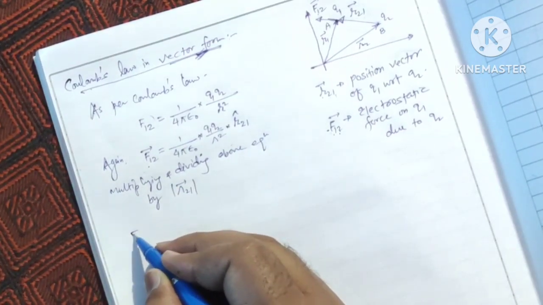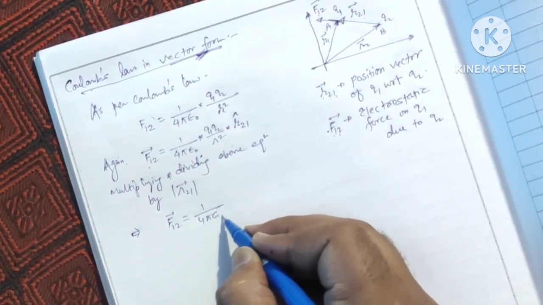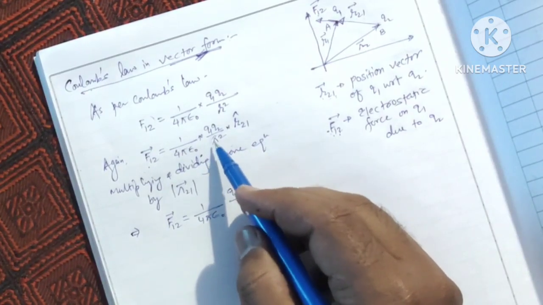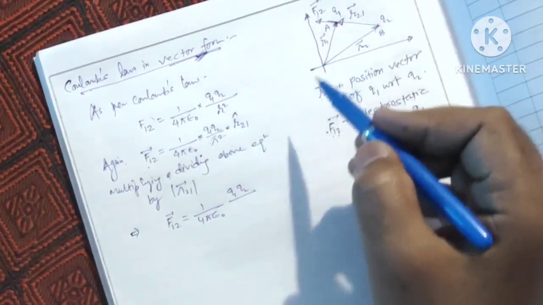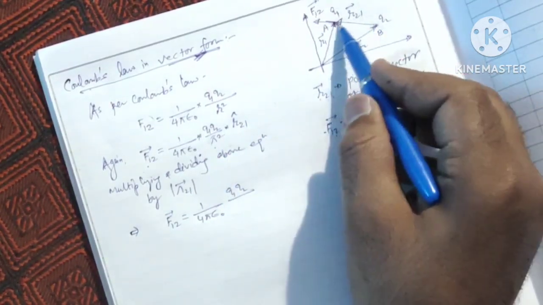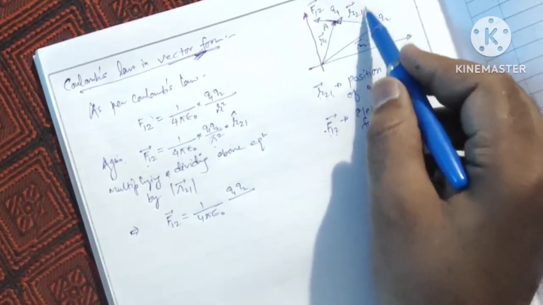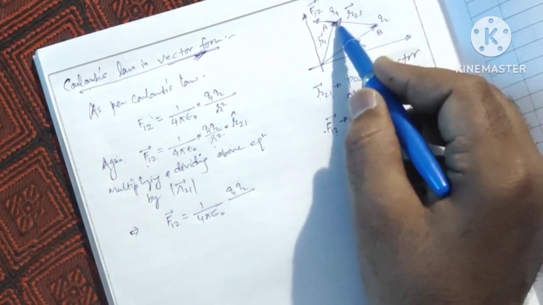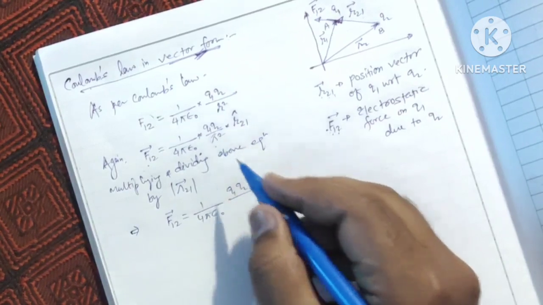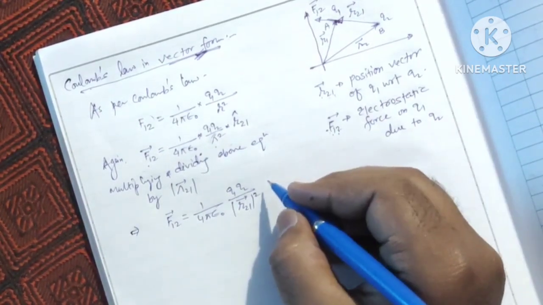So this expression becomes 1 by 4 pi epsilon naught into Q1 Q2 over the magnitude of R21 vector cubed, times R21 vector. Here R is the distance between Q1 and Q2, which can be written as the magnitude of R21 vector as well, because the magnitude of any vector is simply the length of the arrow, which is the distance between the two charges. So I can rewrite this R as the magnitude of R21 vector, and the square is already there.